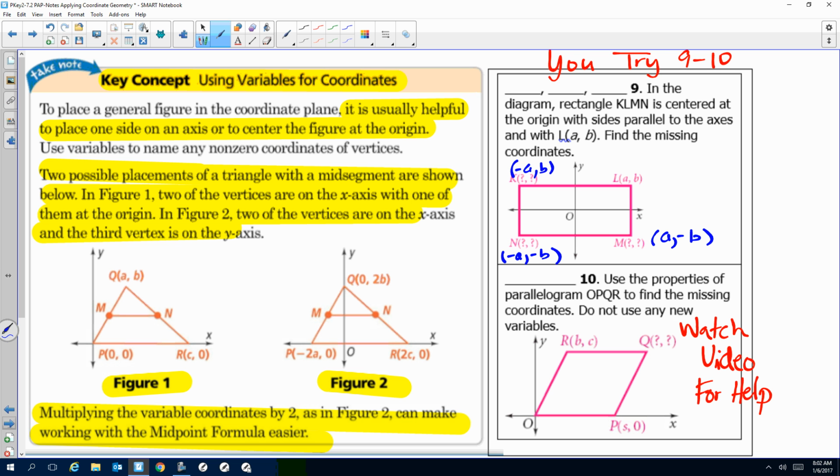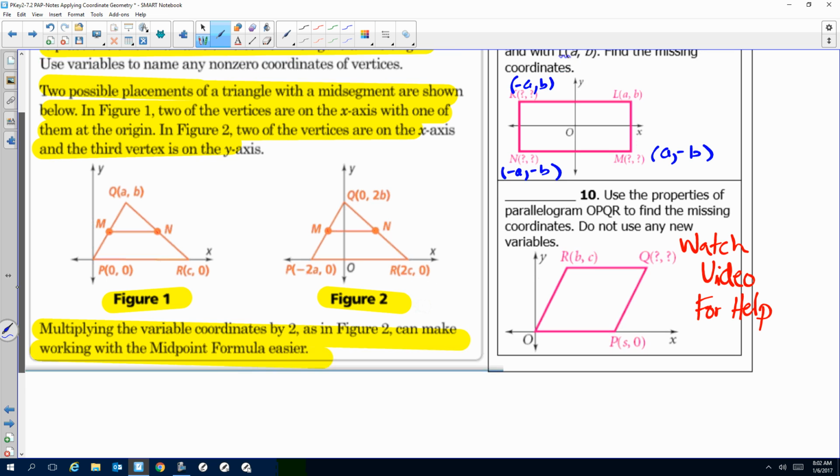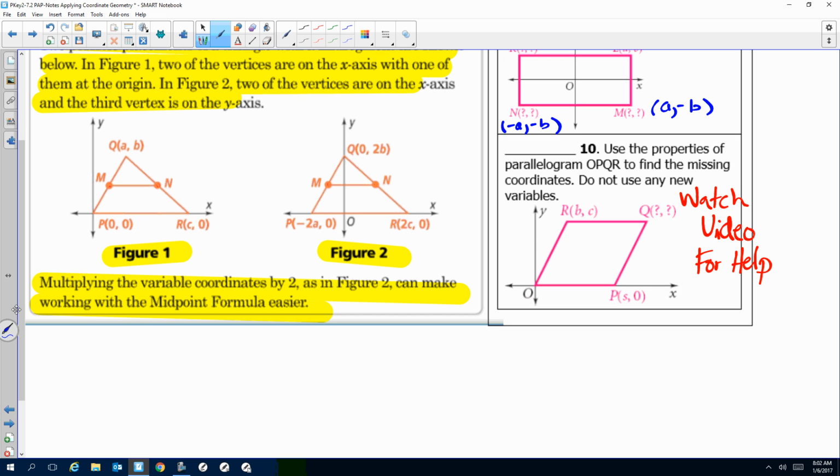Now, this problem here went with example 2, where, remember, to get to this point R, I'm going to use my vertical and my horizontal, my slopes, because they would have the same slope. Okay? So I know that right here, rise over run, this piece is the same right here.